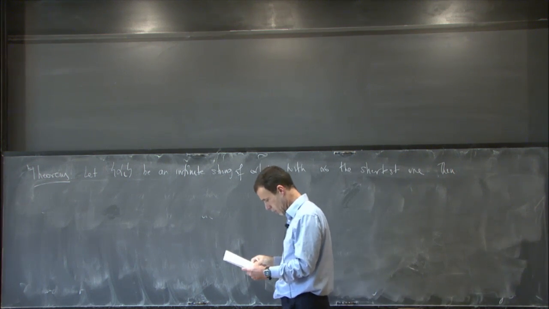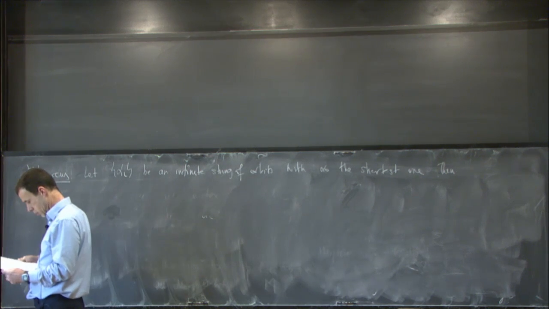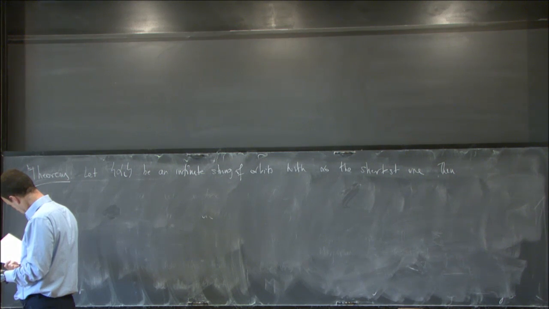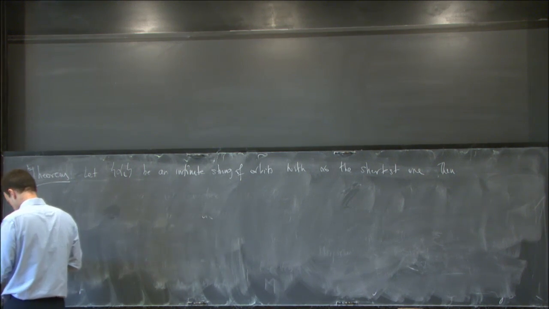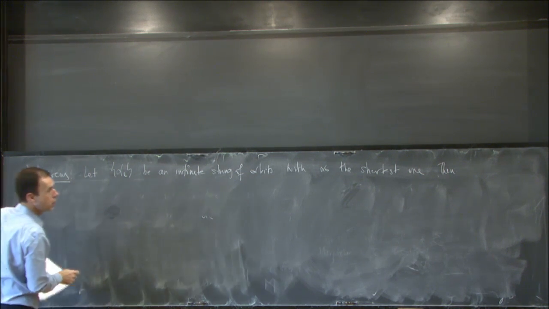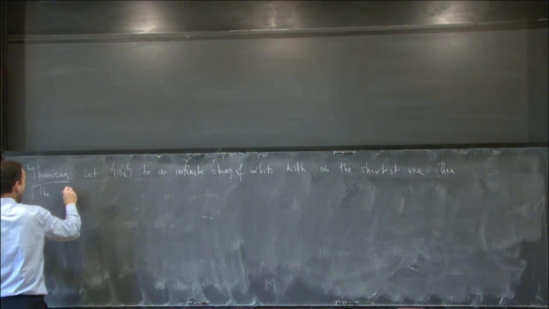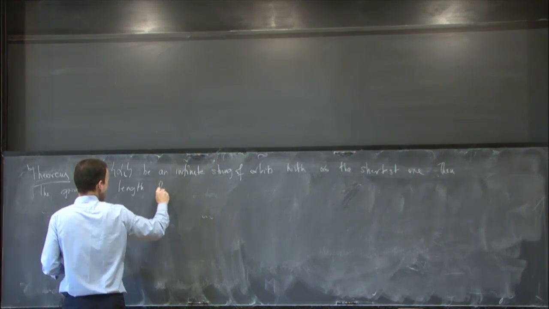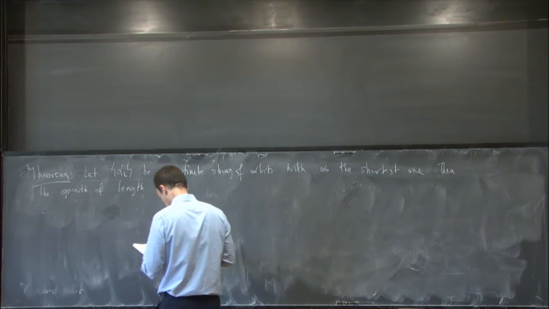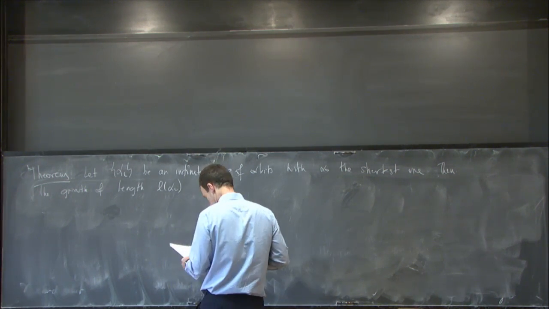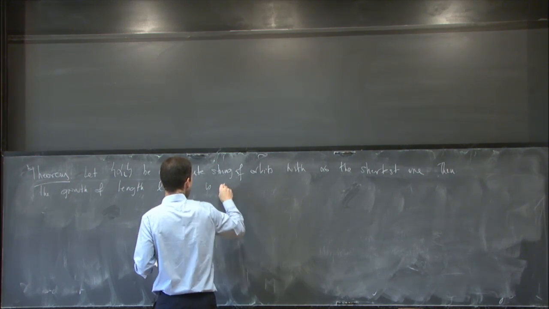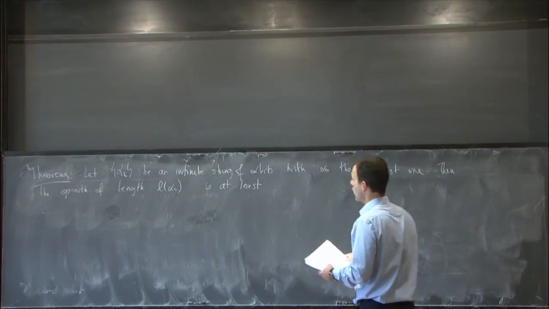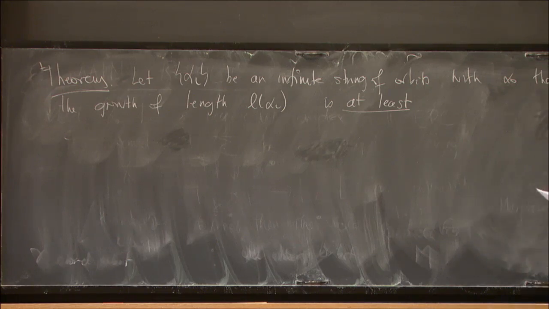Then let's see, what do I want to say here? Then the growth of the length L alpha i, I got the shortest one, is at least, okay, so I want at least because I want the length to grow a lot.